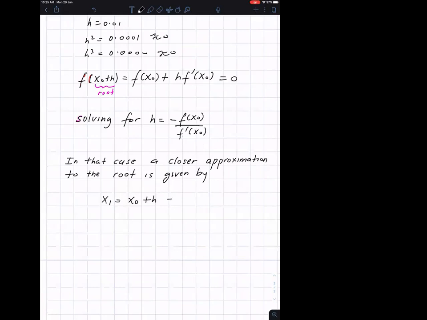And now with h replaced, you're going to get x1 equals x0 minus f(x0) over f'(x0).